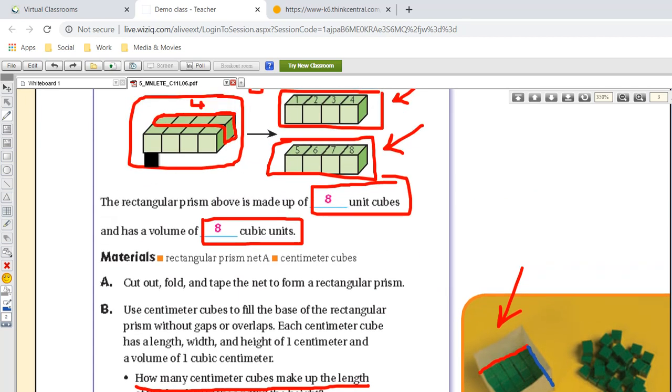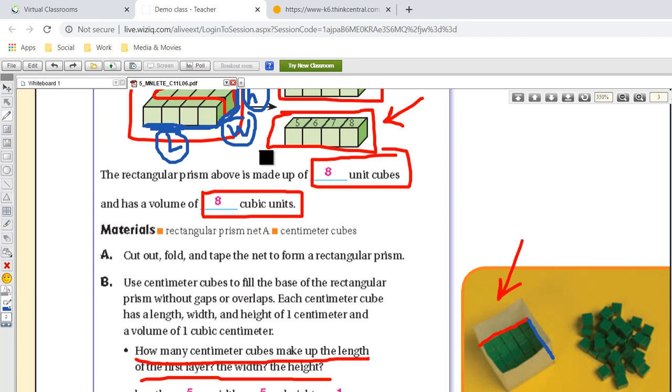There's the length, okay, and this the width. We have here this length and this width, and this one is height. So we have 3 dimensions here: length, width, height.